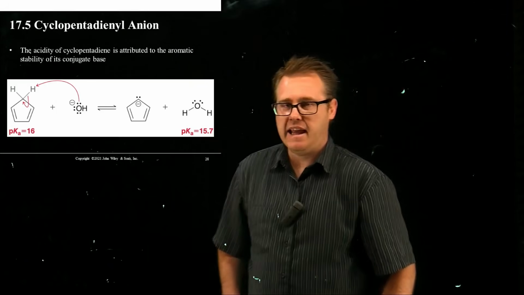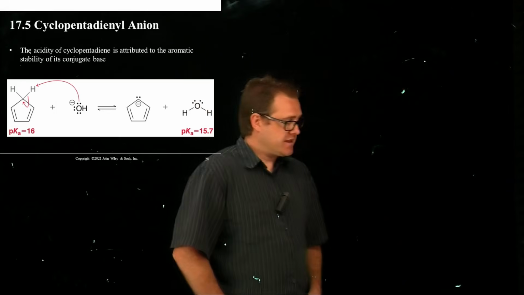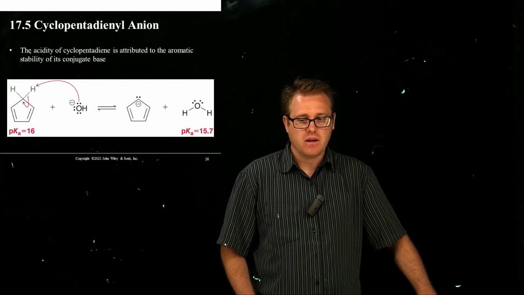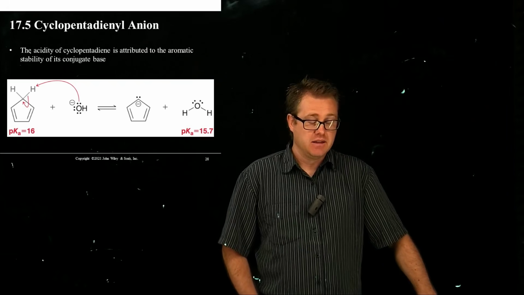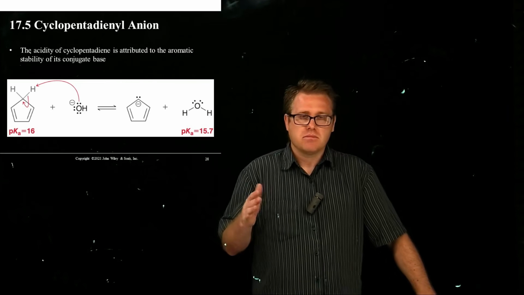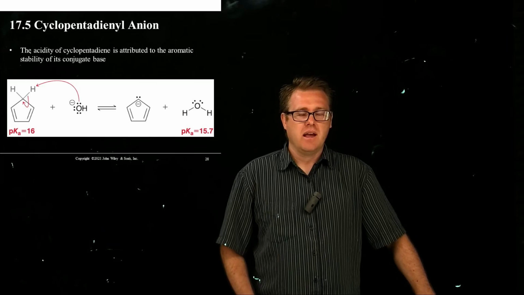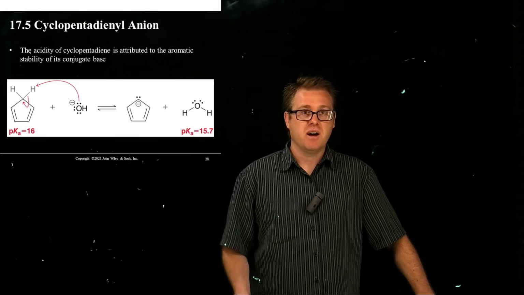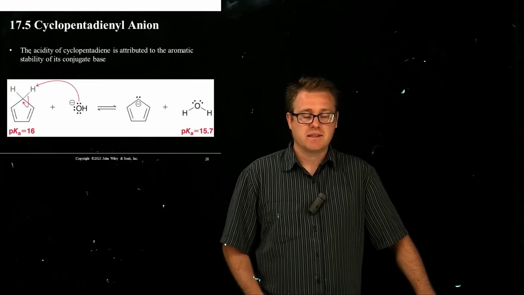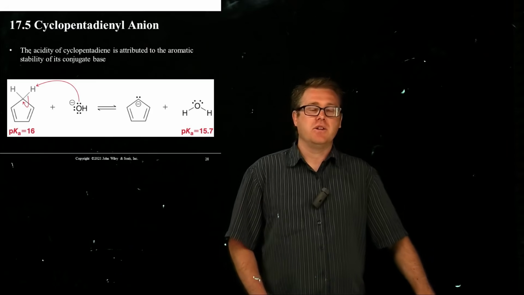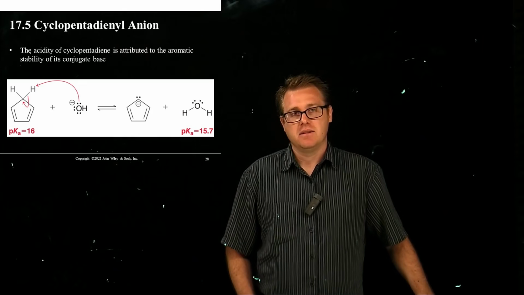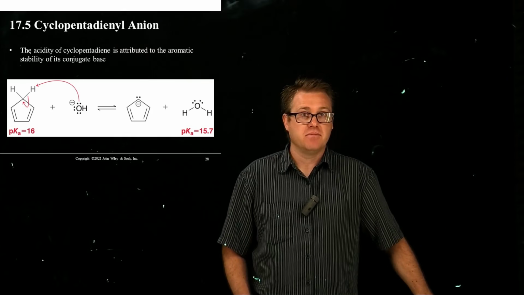Now, before we get into the cation, we have this slide here that shows us why cyclopentadiene is kind of acidic. The reason why that molecule is acidic is because when the acidic proton is ripped off by the base, in this case the hydroxide, you form an aromatic conjugate base.